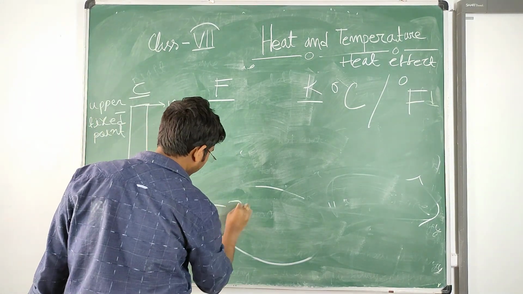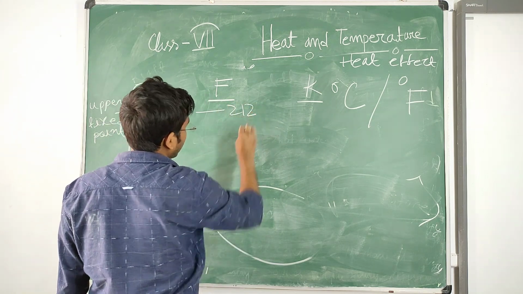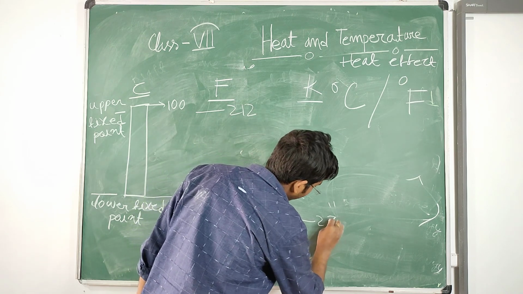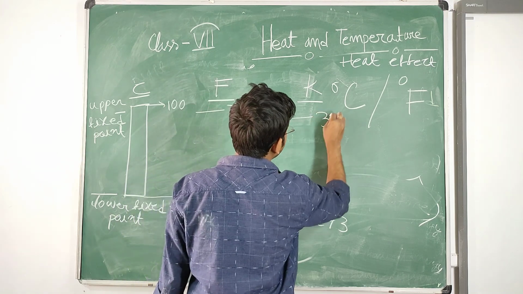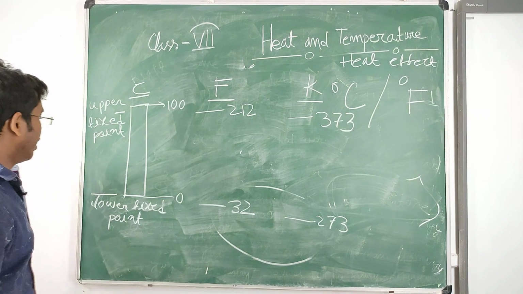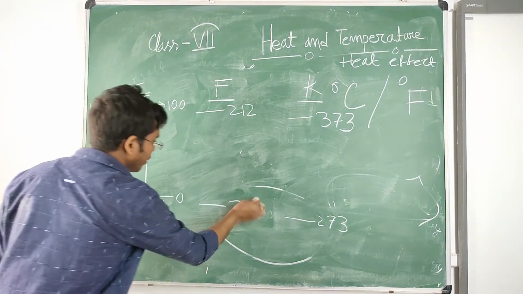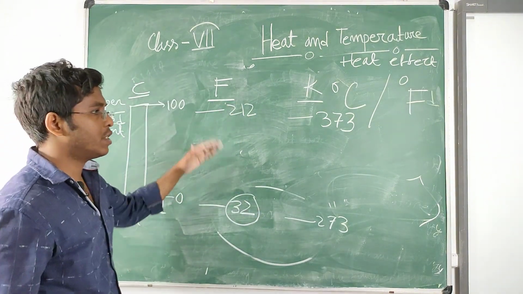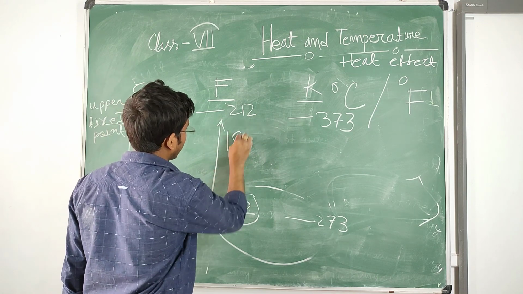Here the lower is 32 and the upper is 212. In the same way for Kelvin, the lower is 273 and the upper is 373. So for the Fahrenheit scale, the lower fixed point is 32 and the upper fixed point is 212, so the difference between them is 180.